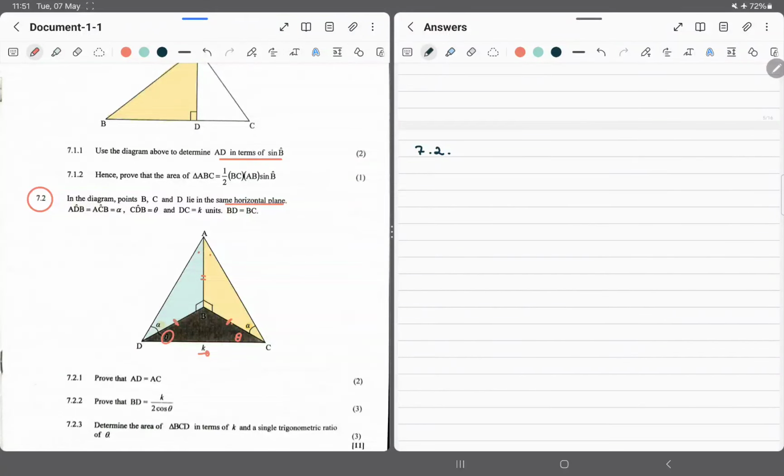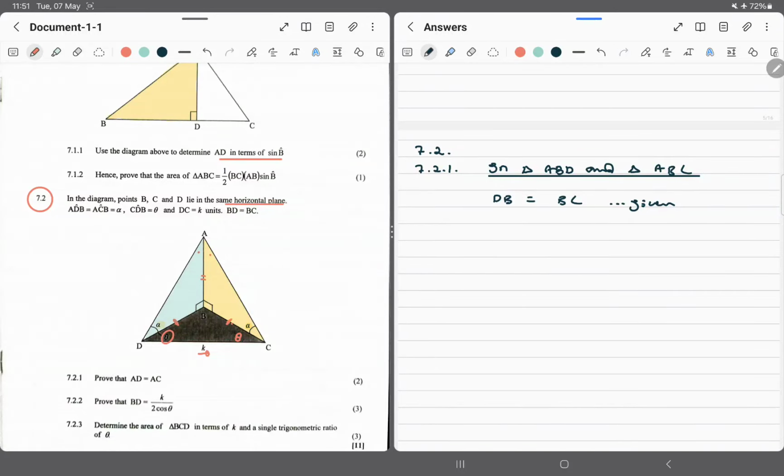Okay, let's see. We can say here 7.2.1. In triangle ABD and triangle ABC, we see clearly that DB is equal to BC. That was given. Okay, so this is Euclidean geometry now.